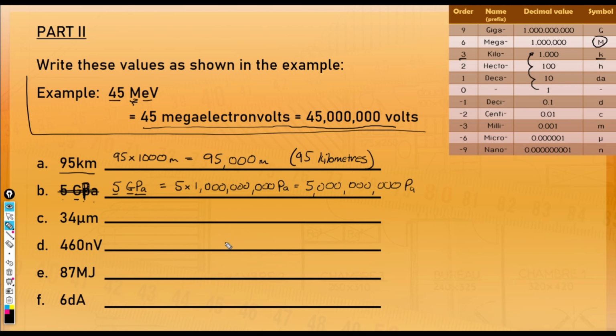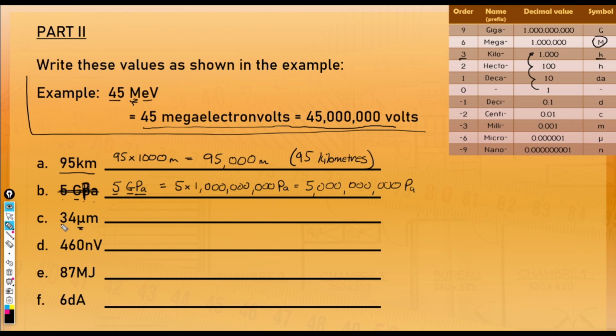So those were going up the table. The larger numbers generally are easier to identify, but now here we've got micrometers. 34 micrometers. Another way this word is said is micrometers. So micrometers or micrometers are the same thing. They are not different units. They're just different pronunciations of the same unit.